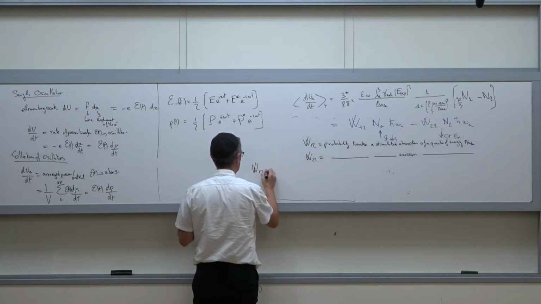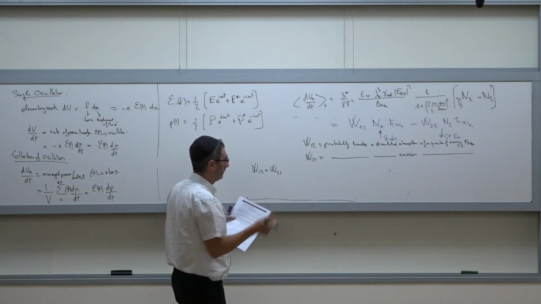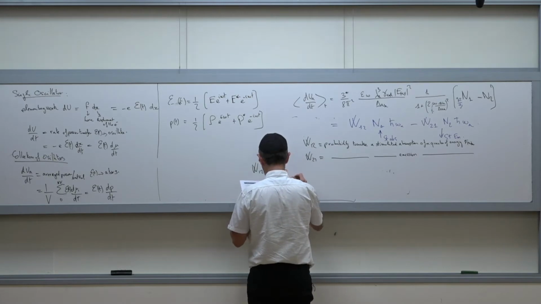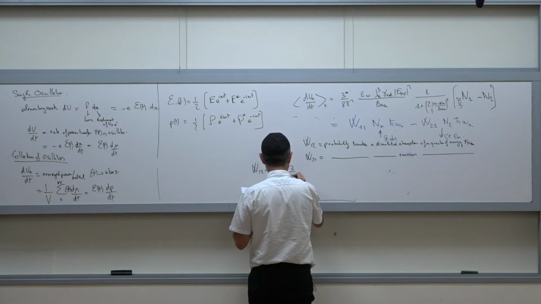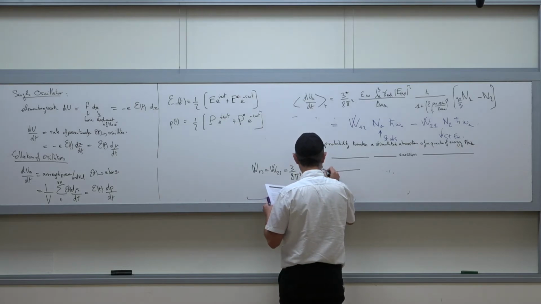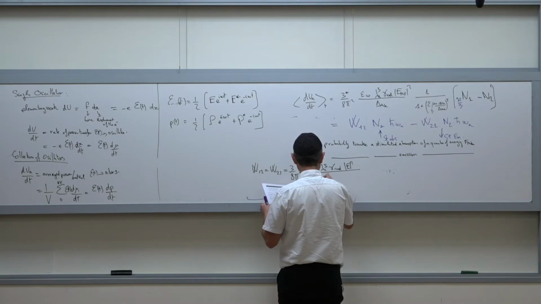W12 is equal to W21. The probability to have stimulated absorption is equal to the probability to have stimulated emission, which is equal to 3 over 4 pi squared times epsilon lambda a cube times gamma radiative times the field modulus square, divided by h bar. The omega disappears.